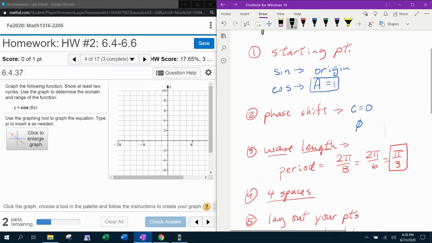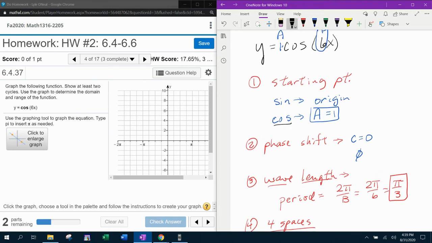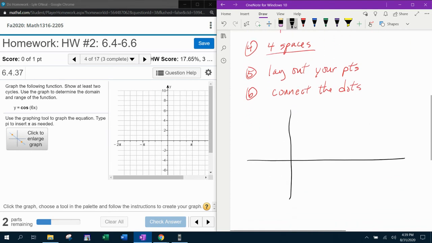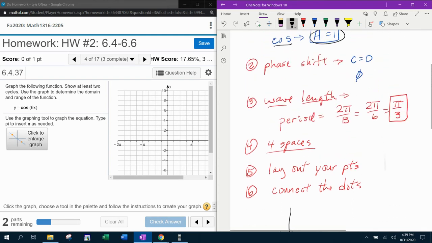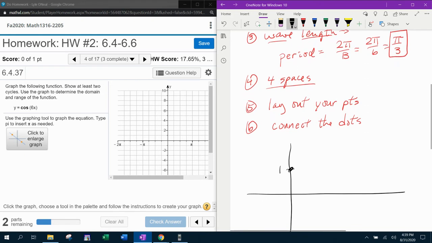okay? So we've got step number 1, starting point. We said we have a cosine, so we're going to start at positive 1. So up here at 1 is where we're going to start. And then if we had a phase shift, we would then shift this point either left or right.